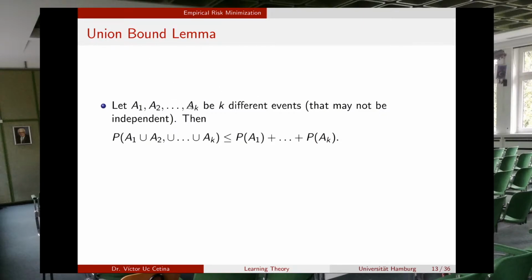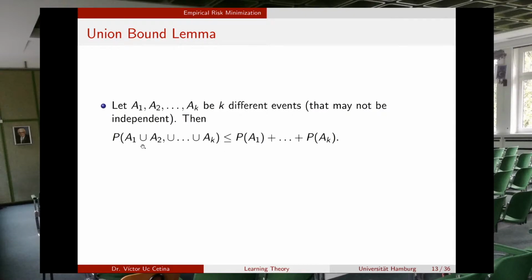The Union Bound tells us that the probability of the union of these k events is at most the sum of the probabilities of each of the events happening independently.